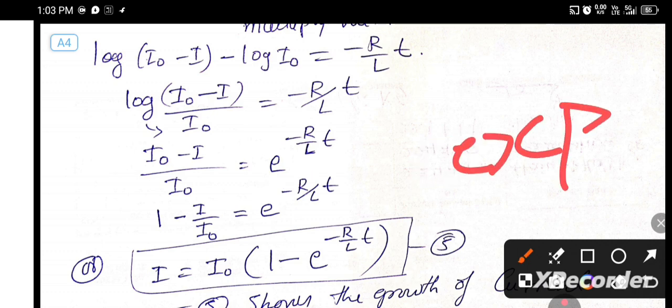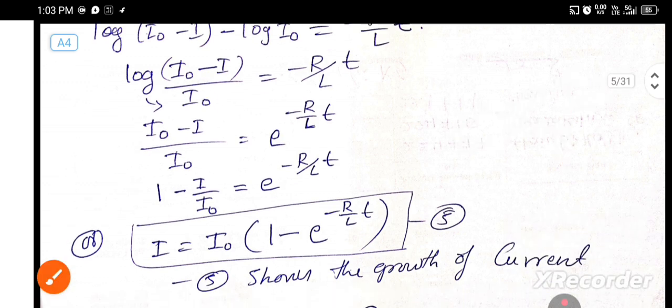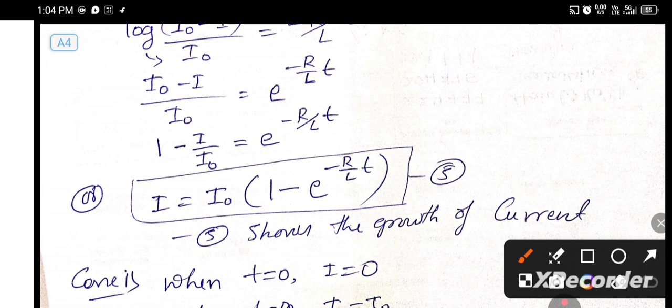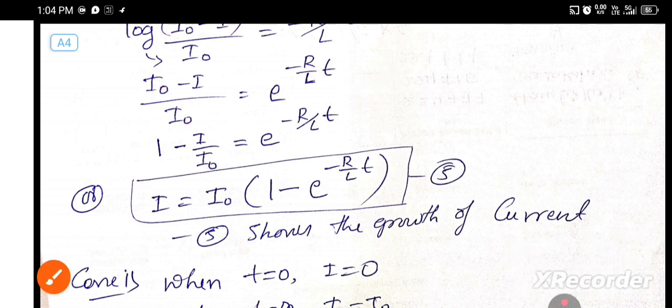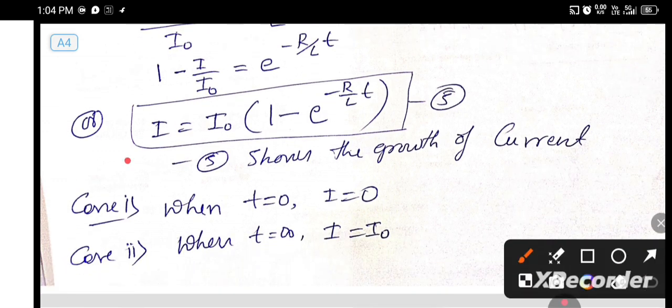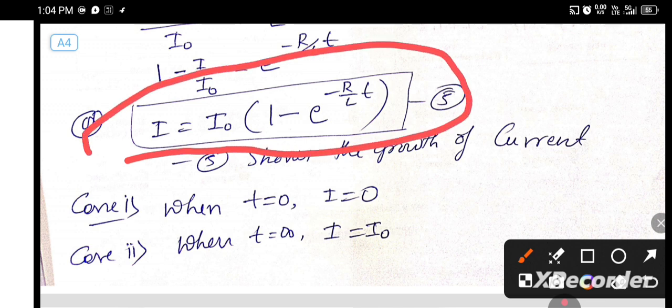E stands for exponent, that is e to the power of minus R by L t. On simplification, I naught minus I by I naught equals e to the power of minus R by L t, and we get I equal to I naught into 1 minus e to the power of minus R by L t. This is the equation for the growth of current in an LR circuit.